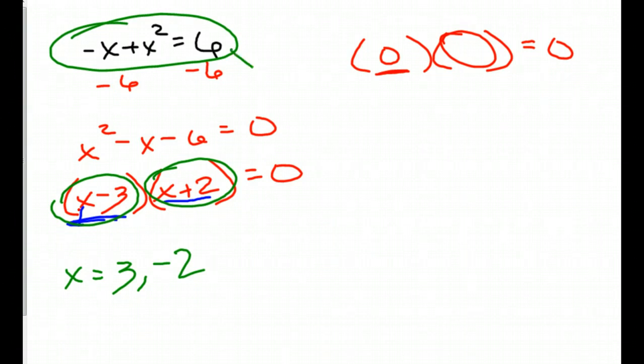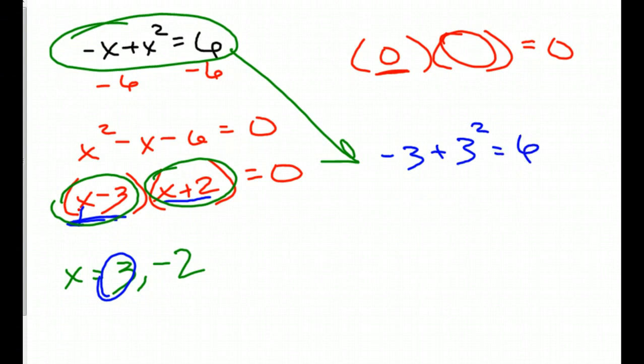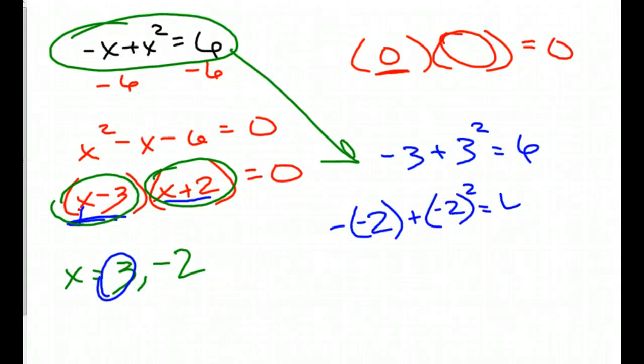So if we try x is 3, negative 3 plus 3 squared equals 6. True statement. If we try negative 2, we put a negative 2 in there, plus negative 2 squared equals 6. We get 2 plus 4 equals 6. They will work. So we'll make that true.